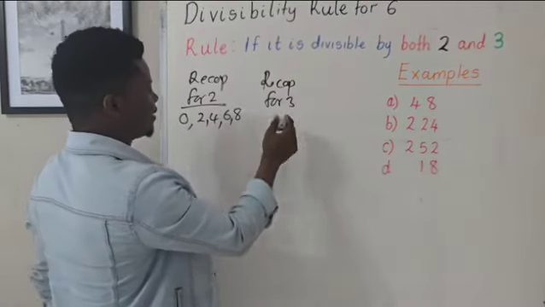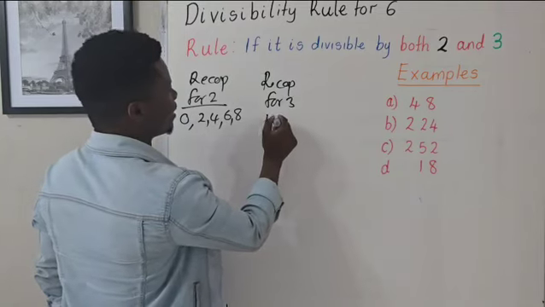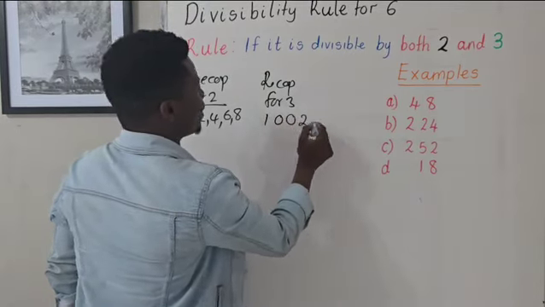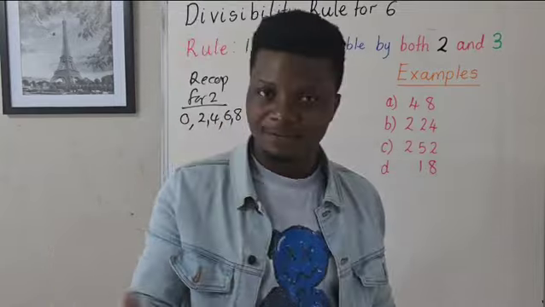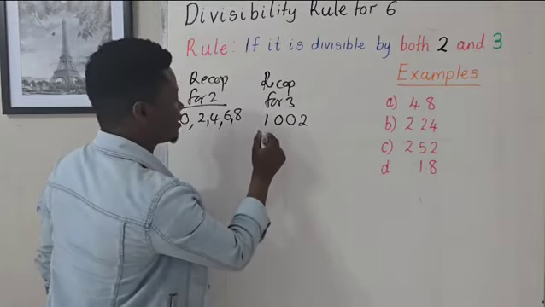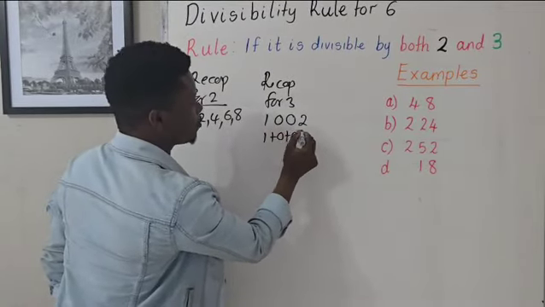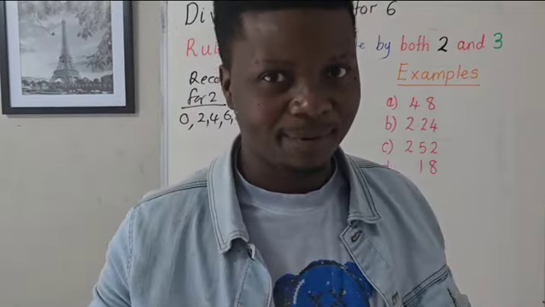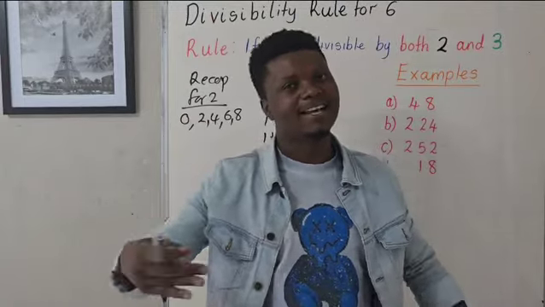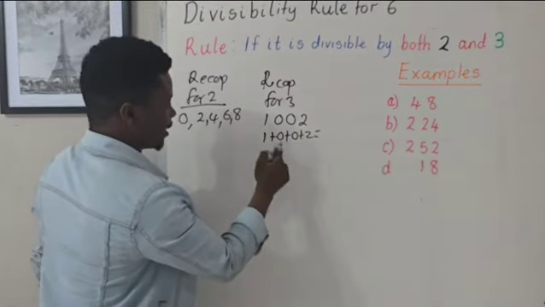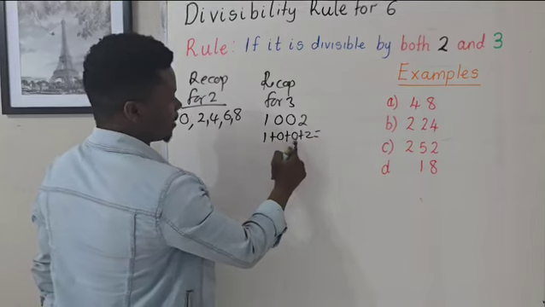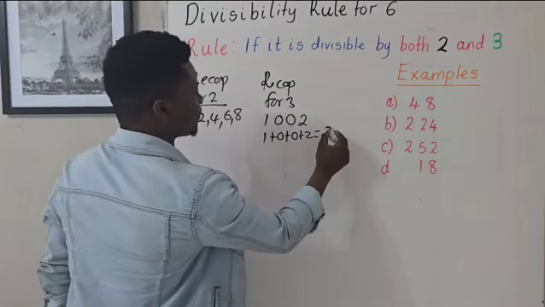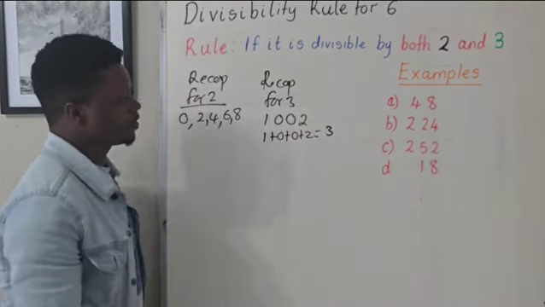For example, say you have the number 1002 and you want to check if it is divisible by 3. Just add the digits: 1 plus 0 plus 0 plus 2. The answer must be a multiple of 3, like 3, 6, 9, 12. 1 plus 0 is 1, plus 2 is 3, and 3 is a multiple of 3.